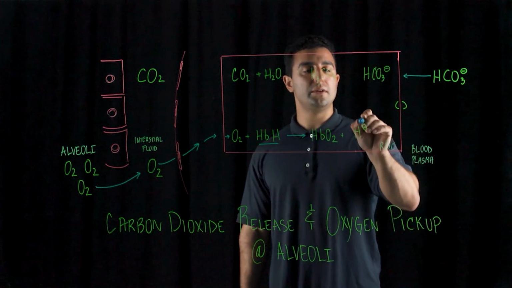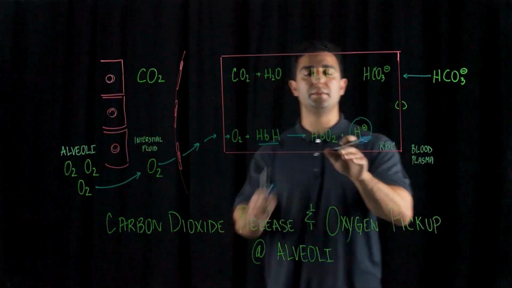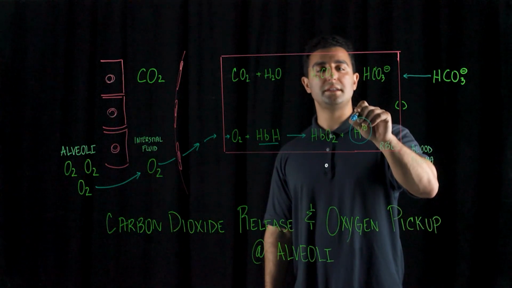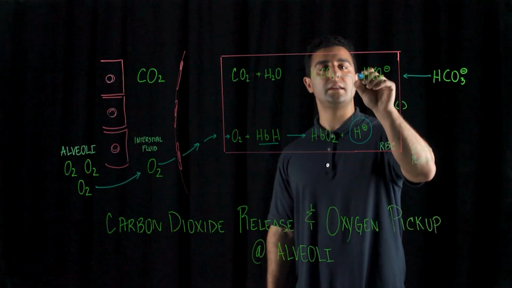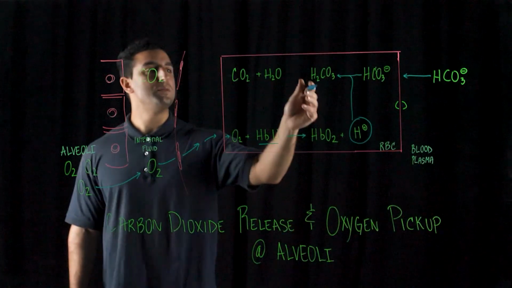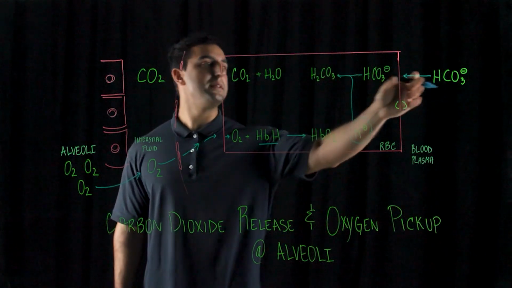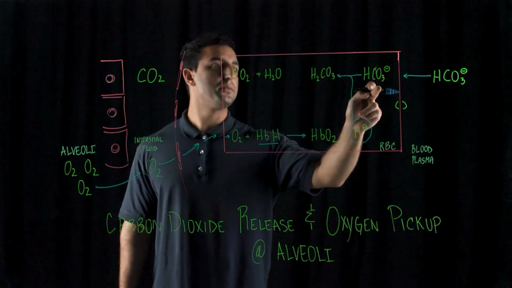And this extra hydrogen that was dissociated from the hemoglobin combines with the bicarbonate that has diffused inside to make carbonic acid. As you remember, carbonic acid is a combination of this hydrogen and this bicarbonate group.